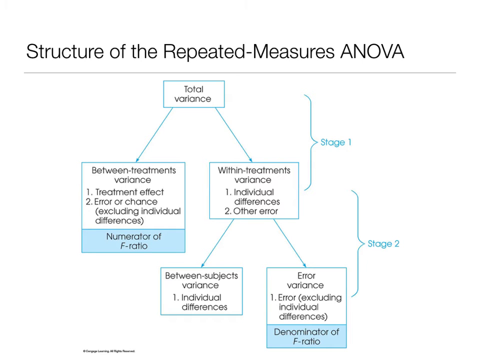And again, this is saying how are these people different? What are these individual differences within people? And the other piece of that, which will end up being the denominator in our F ratio, is our error variance. And this is what's left over after we remove that individual difference. This is the error that's due to these unsystematic factors, that's due to chance.